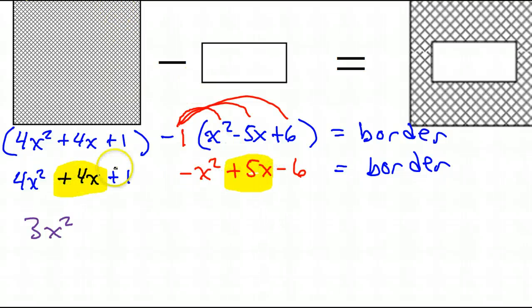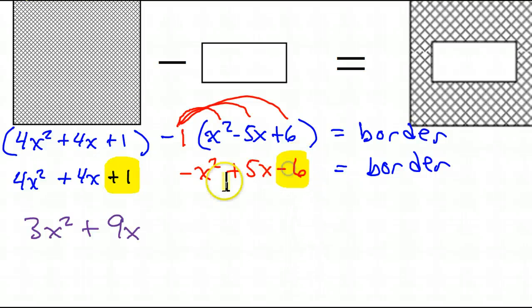Put those together and that's 9x. Last, I've got +1 and I've got -6. Put that together, that's -5.